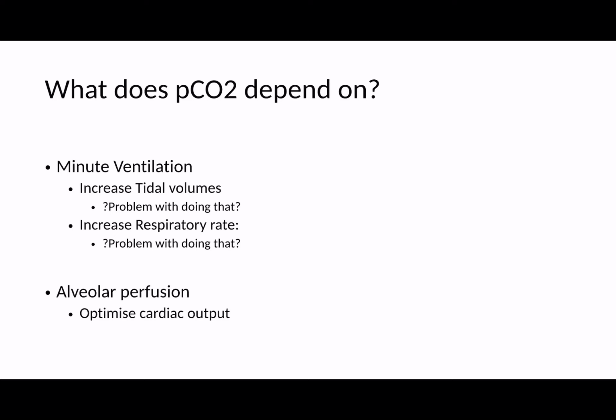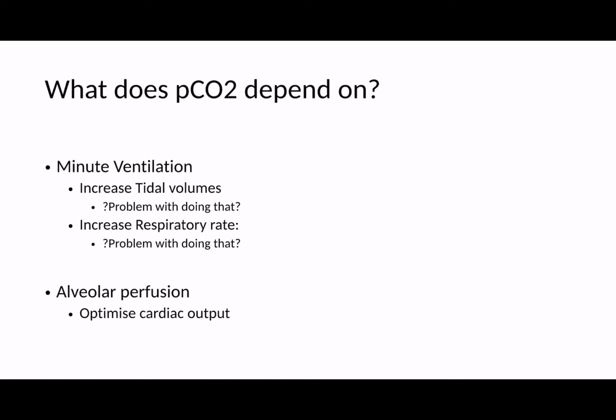But for this particular presentation, what I want you to take away is that CO2 is dependent on the minute ventilation, and the minute ventilation is dependent on the tidal volume and the respiratory rate. So, if you need to increase the carbon dioxide excretion, you need to either adjust the tidal volume or the respiratory rate.